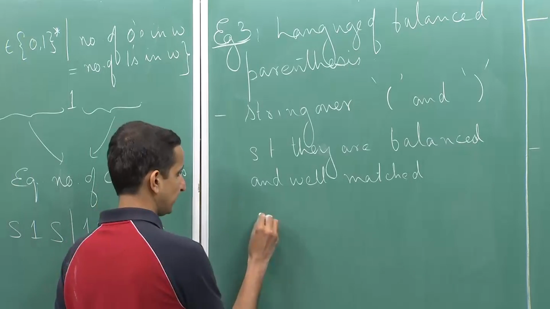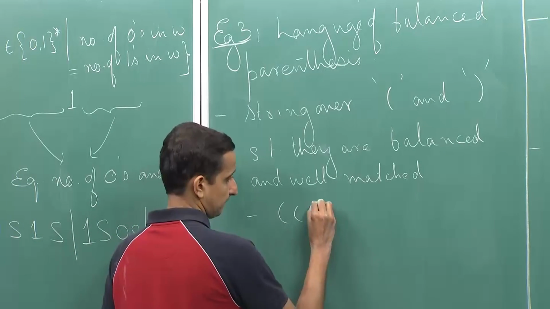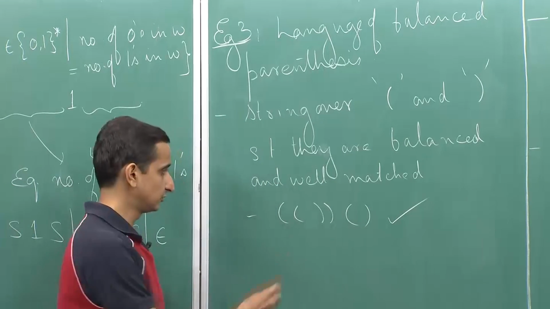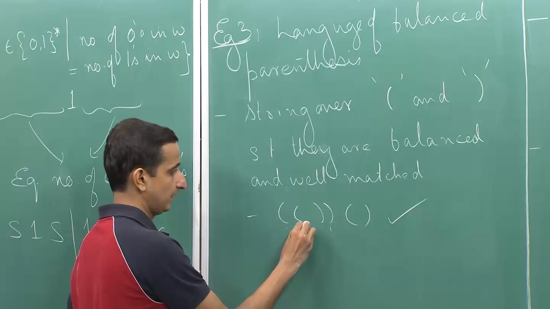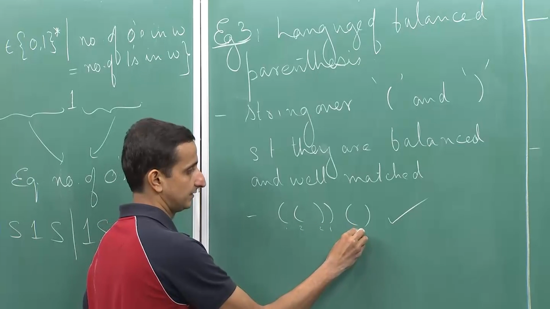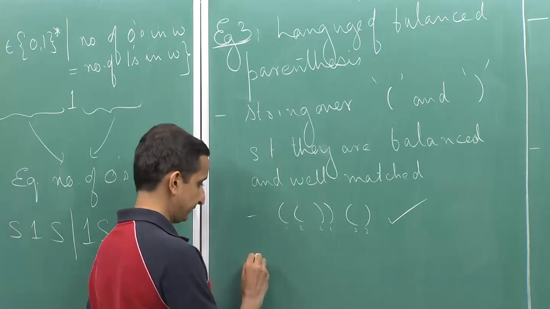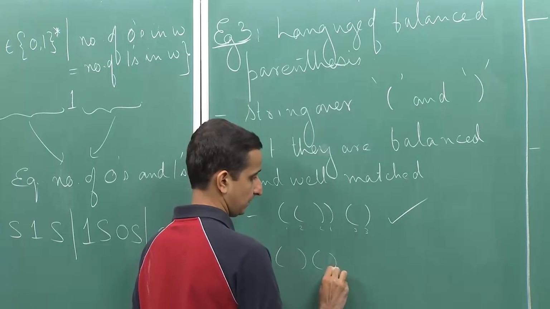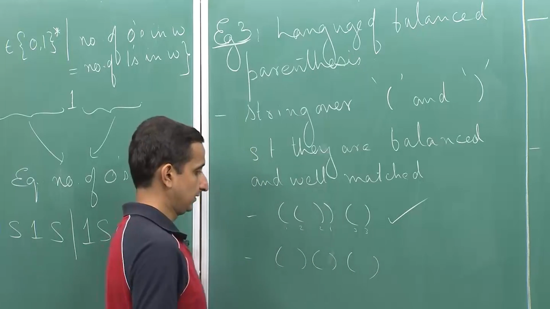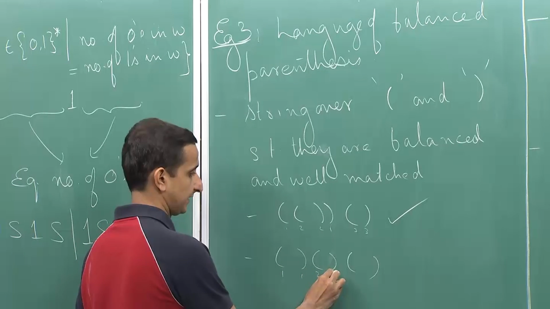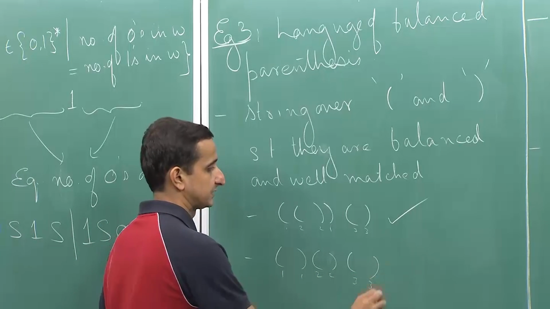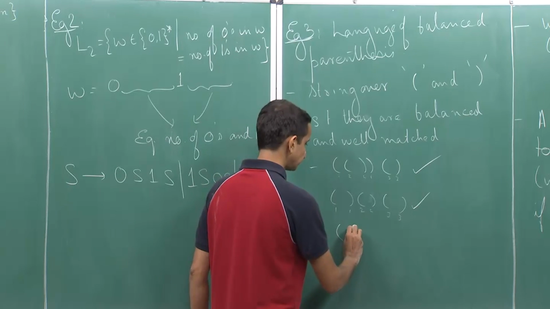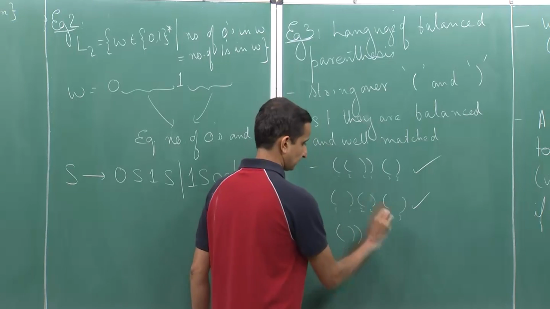Okay. For example, this is an example of a balanced parenthesis. So, this one gets matched with this one, and this one gets matched with this one. Similarly, I can have something like this. So, this one gets matched with this, and this one gets matched with this. Okay. On the other hand, if I have something like, let us say, this.